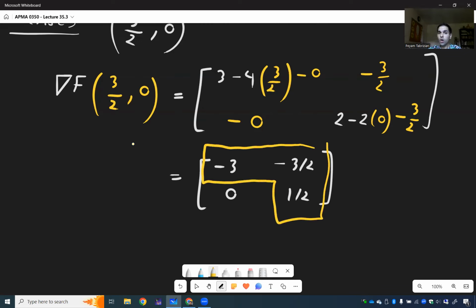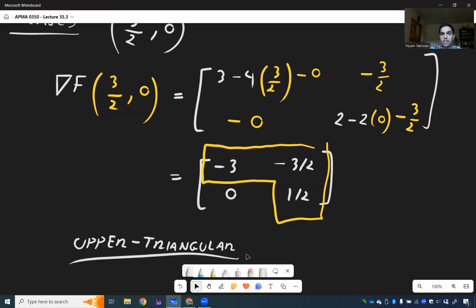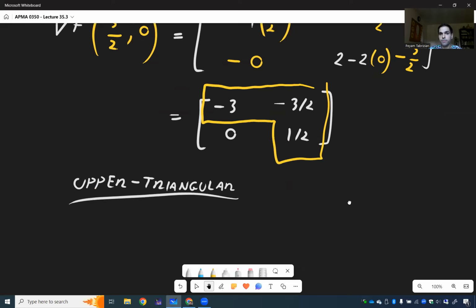If not, notice we have this staircase pattern again, but on the other side, and this is what's called upper triangular. Meaning the lower left side is 0.